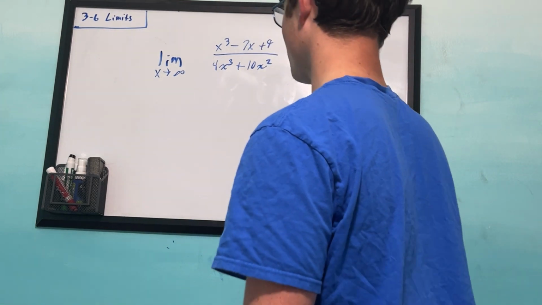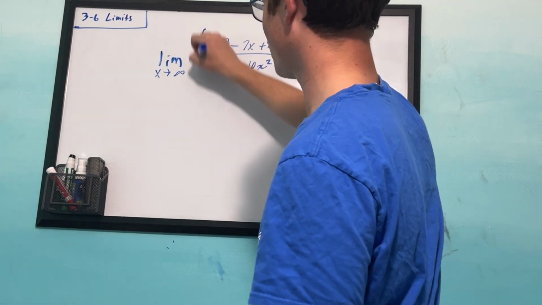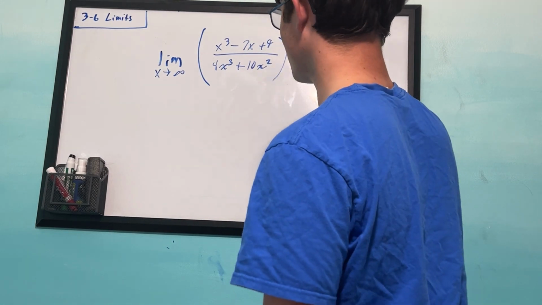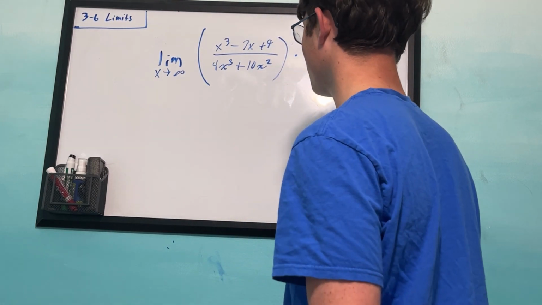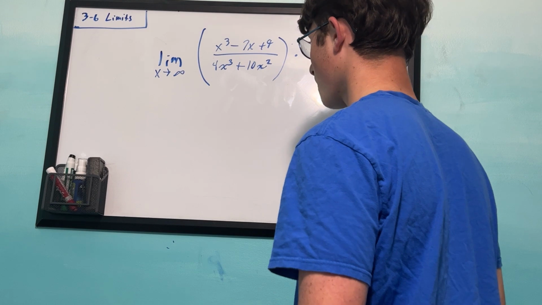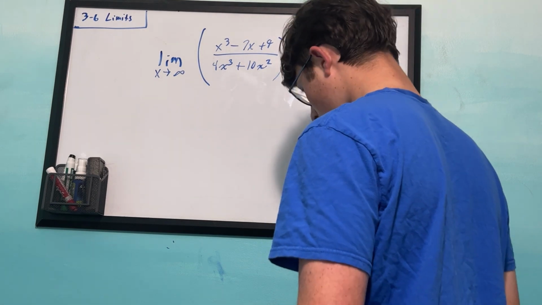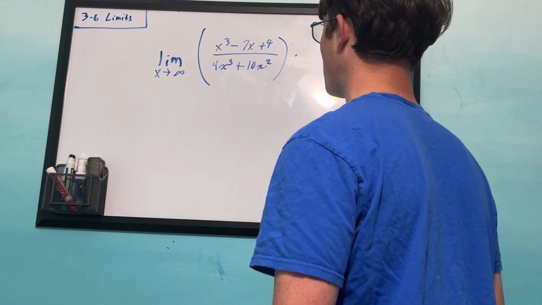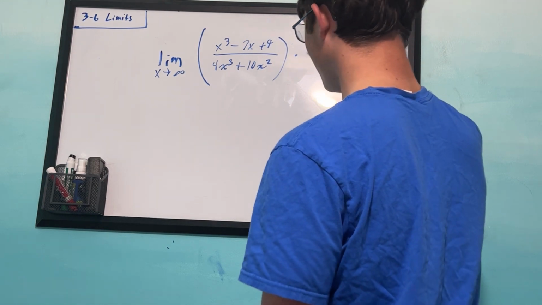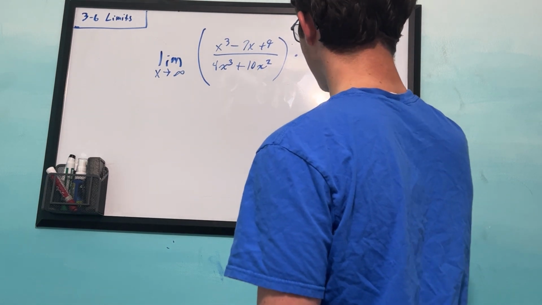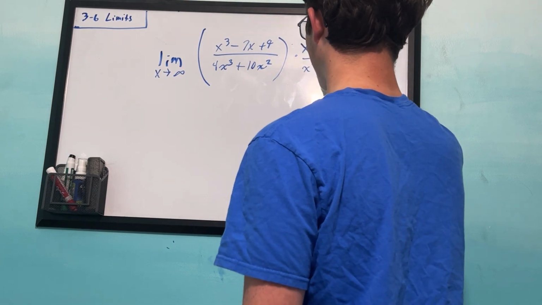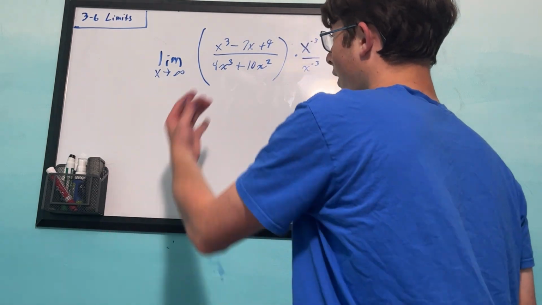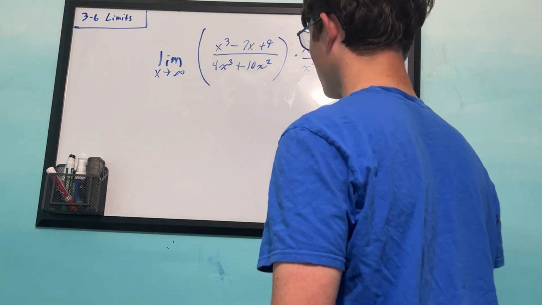So what you can do is take this, and since we can multiply the top and the bottom of a fraction and keep it the same, we can multiply by x to the -3 over x to the -3, and this will still equal the same exact thing.